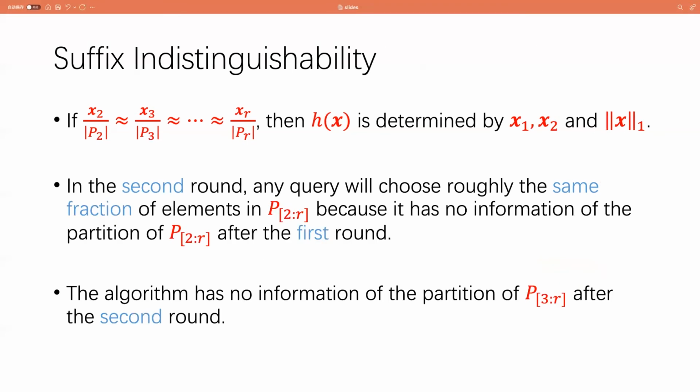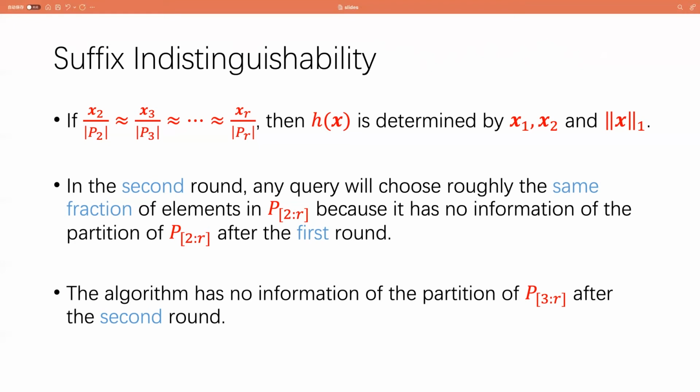Then, we also require the function to satisfy that for any vector x such that the ratio of xi over the size of Pi is similar for i larger than 2, then h(x) is determined only by x1, x2, and the norm of x. So in the second round, since the algorithm has no information about the partition of P2 to PR, the queries will choose a similar ratio of the elements in P2 to PR.